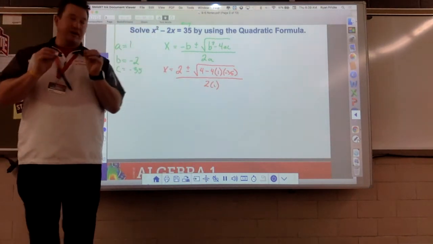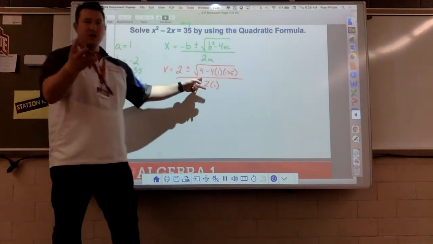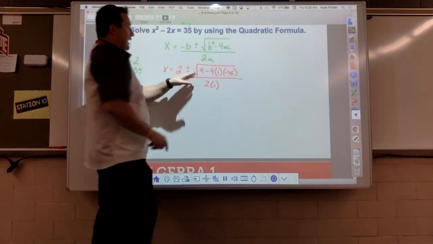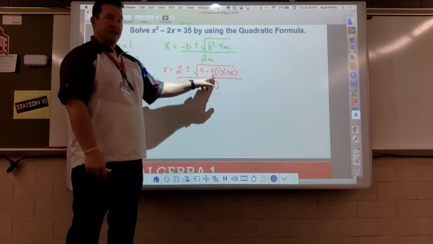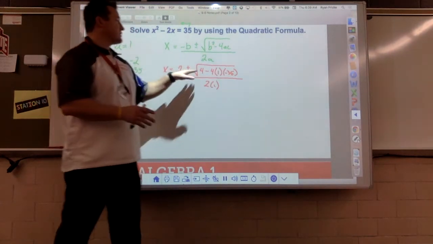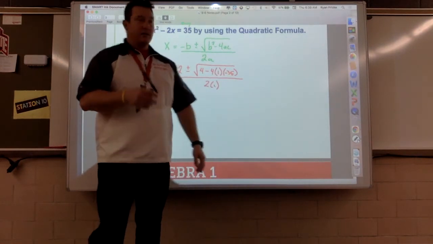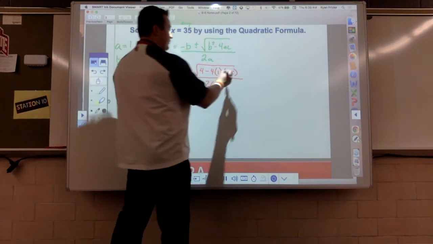Now, we have to be very, very careful with this calculation right here. We have a fancy name for this, which we'll learn about towards the end of today. I just like to leave the minus sign there, as opposed to making it -4, because that sometimes creates confusion for some of us. So 4 times 1 times -35 should be 120 and another 140, so it should be -140.